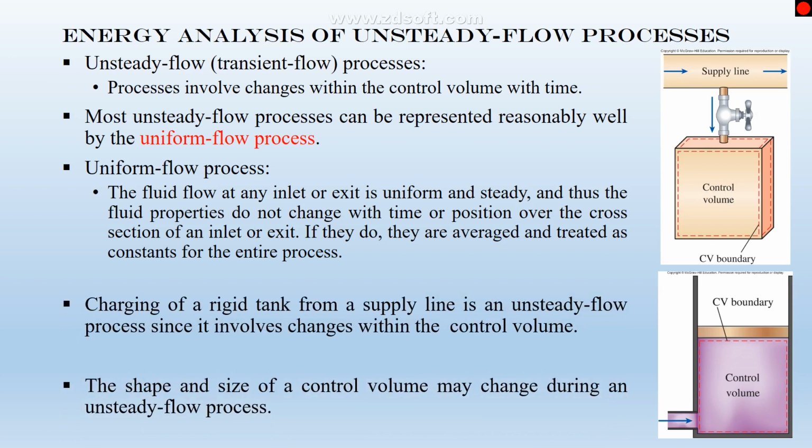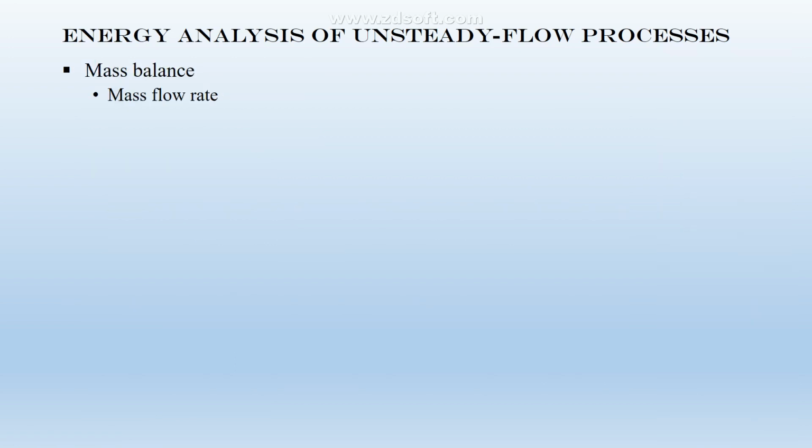The shape and the size of the control volume may change during unsteady state processes. For example, in this case, you can see that the total volume is not constant. And for this case, we are dealing with a rigid tank with a constant volume.